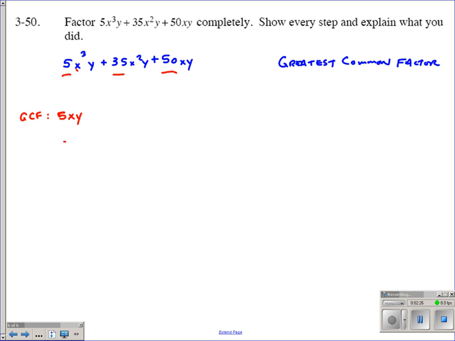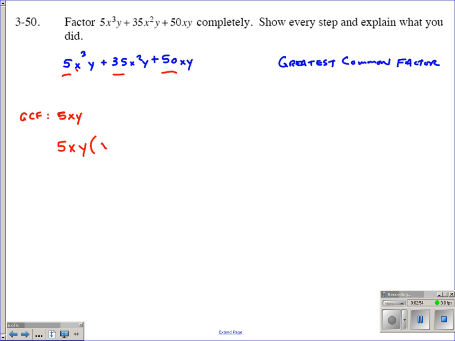If we take that here, remember we don't lose anything, we don't gain anything. When you get the greatest common factor, it is still part of your expression. It's just written as a factor of its own. To come up with the remaining part of our expression, we think about it as, if I was going to take 5xy and multiply it times something, what would I have to multiply it by to get 5x to the third y?